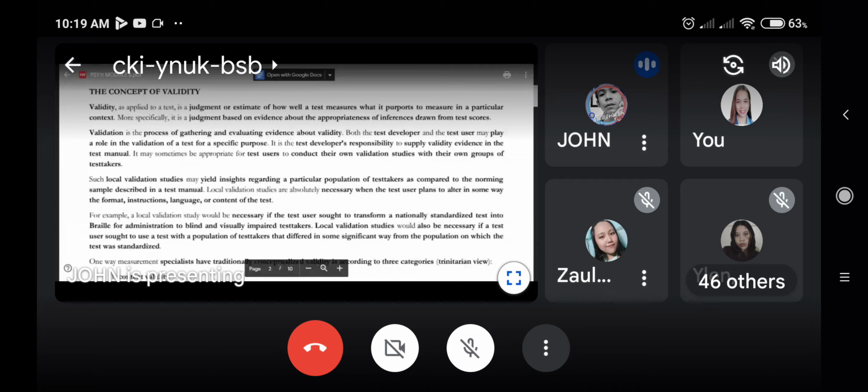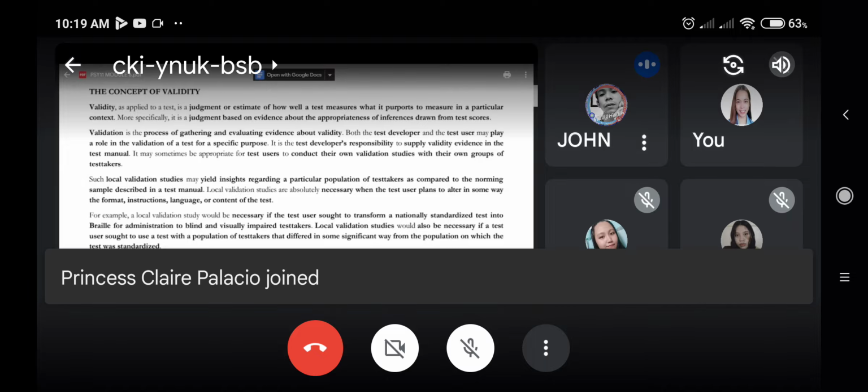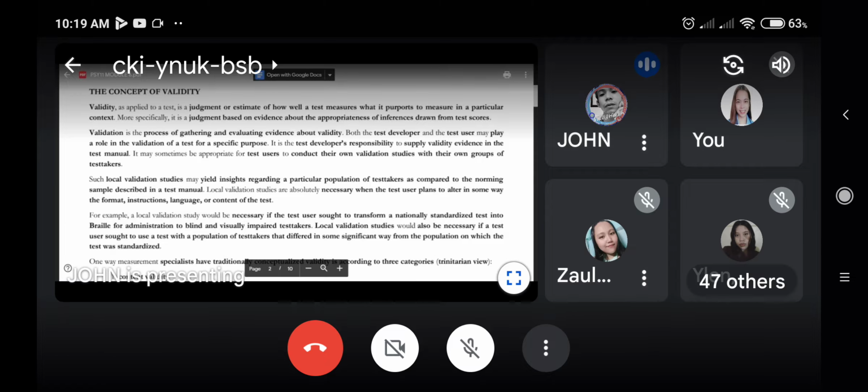Unang-una, tatagalogin mo yon kasi maybe the questionnaire was written in English language, so therefore, tatagalogin mo siya. If as much as possible, you need to translate it into Dumagat language or into an Agta language so that the representative sample will be able to discriminate. May papalitan po ba ako sa item? Wala. You are just going to transfer it to the local dialect. So dahil transfer mo siya into local dialect, you need to do a local validation.